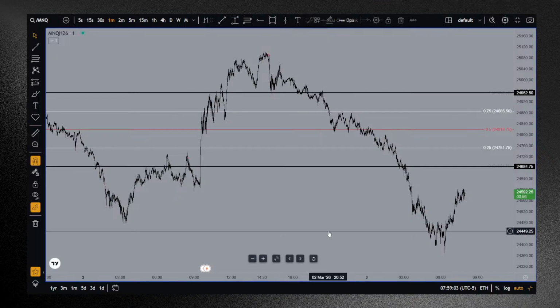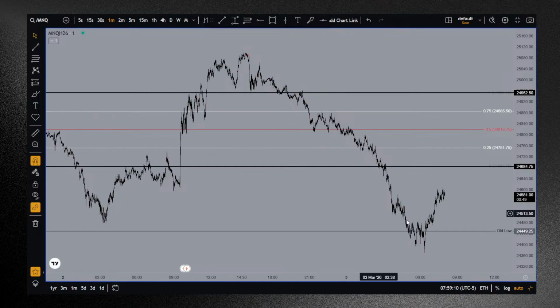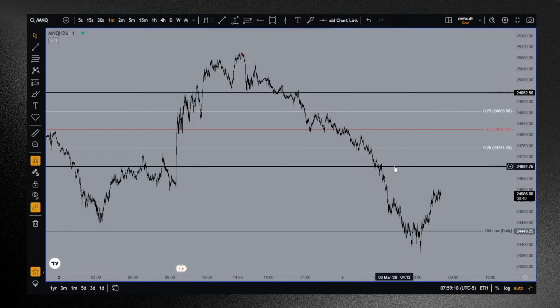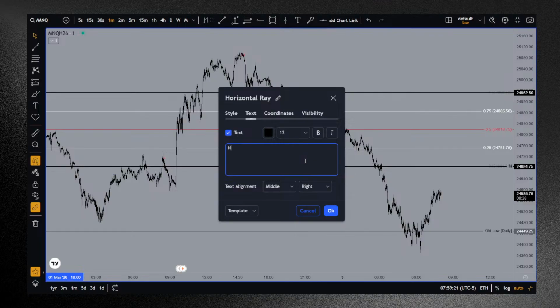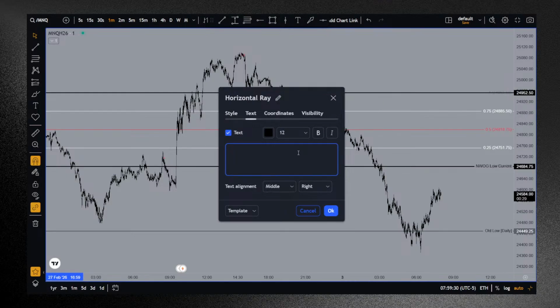Alright, so this is the old low, old daily low, that we've taken. This is the current new week opening low and new week opening high, current.